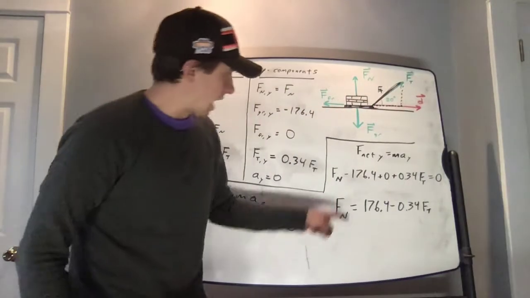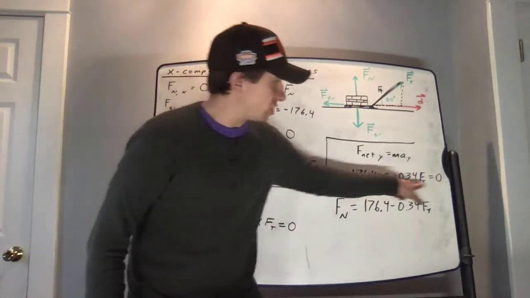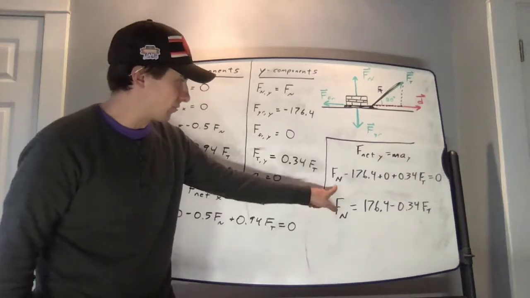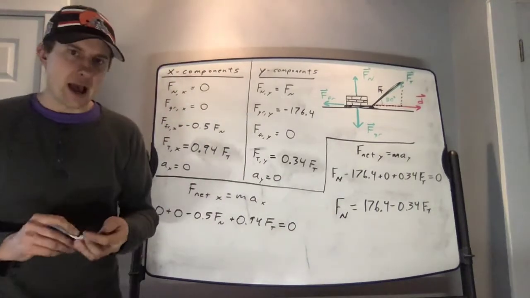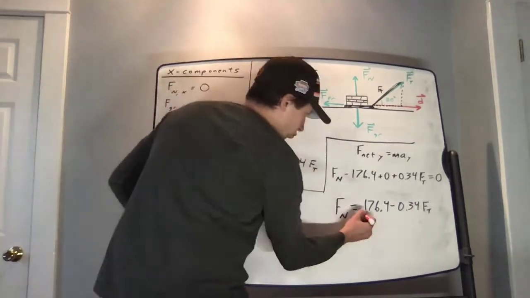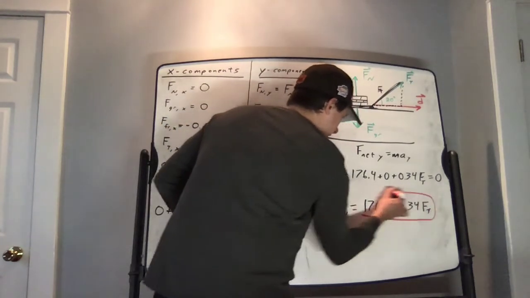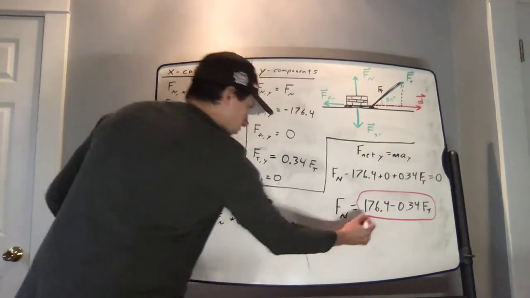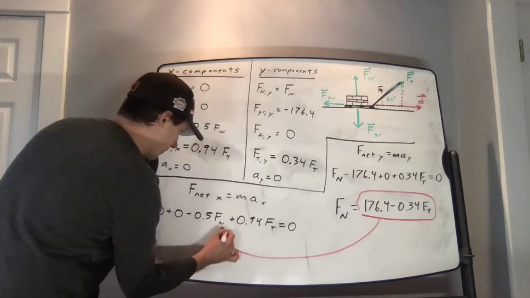All I did was bring everything in this equation to the right-hand side except for F normal. Now I am going to take this result for the normal force and plug it in right here.